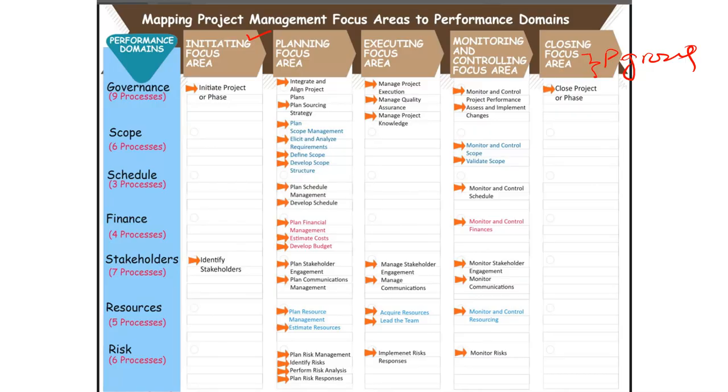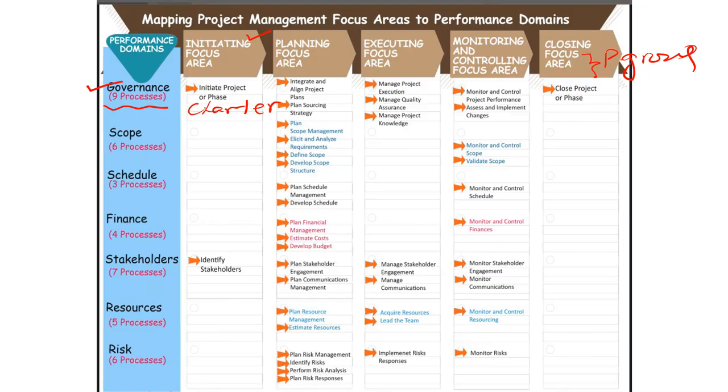These are the performance domains which I just discussed. First is governance. In governance we have 9 processes. If you look horizontally and count, these are 9. First is initiate project. When we initiate any project, the first thing is we have to make the charter. What is a charter? We will talk about the charter in detail in this course as well.